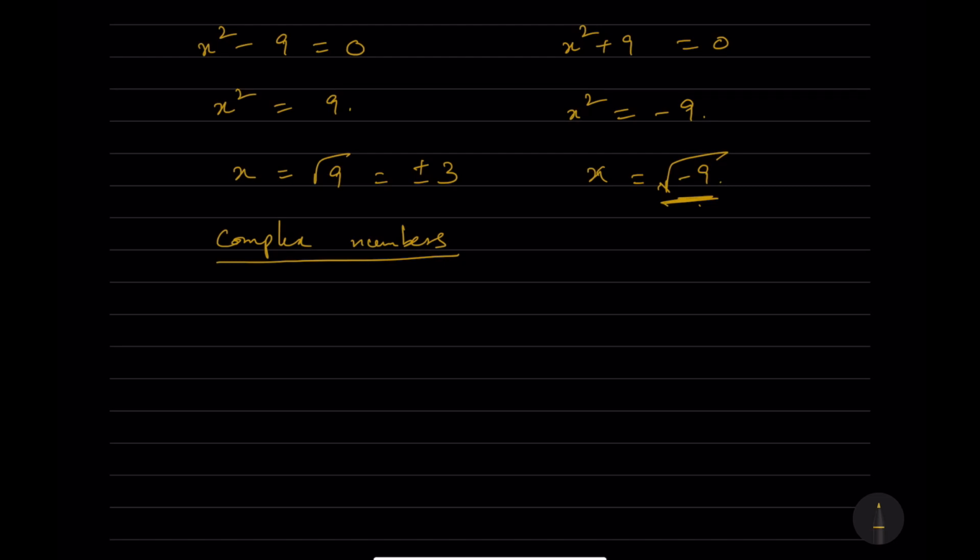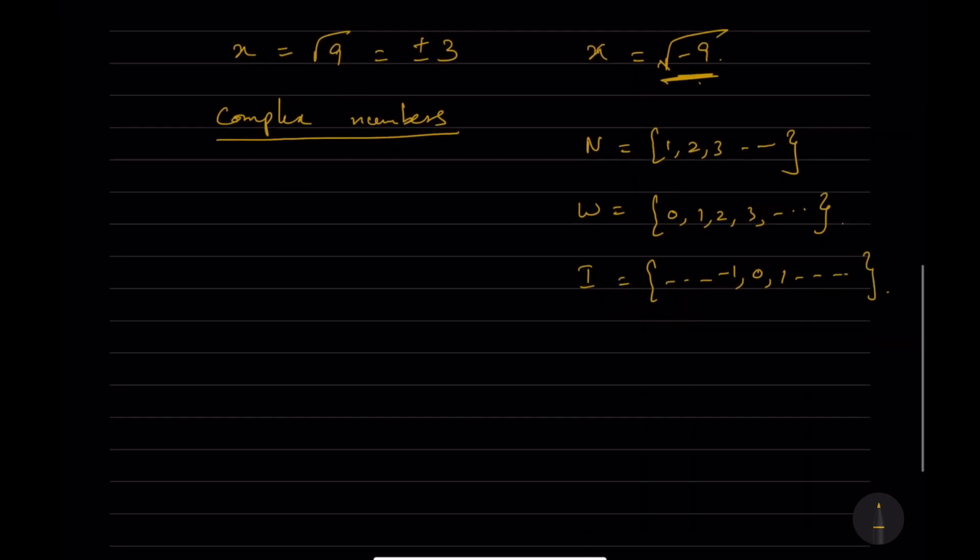So we all know what are natural numbers. It is starting from 1, 2, 3 and so on. Then we know what are whole numbers. It's including 0, 1, 2, 3 and so on. Then we had what are integers. In integers we had all negative values and positive values including 0.